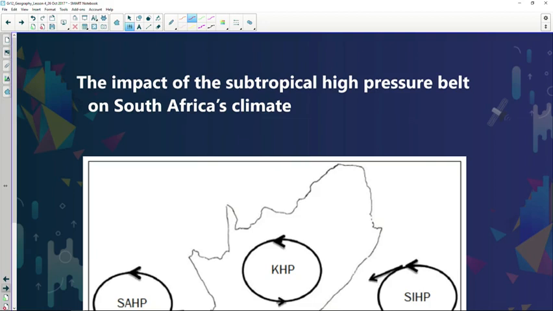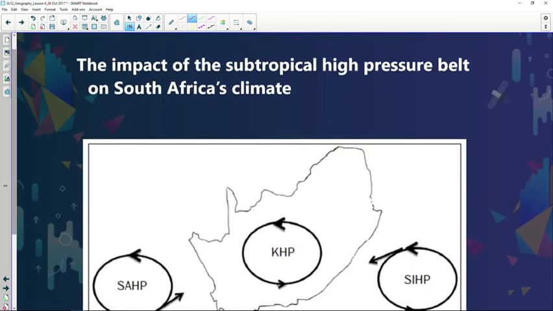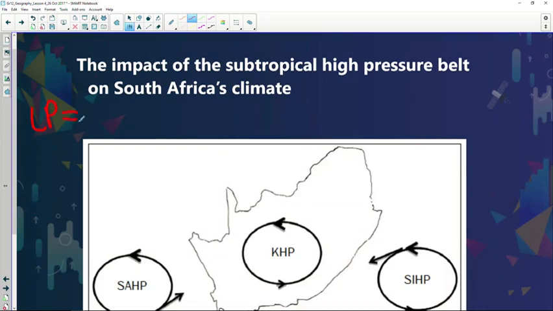Now, in our previous lessons, we discussed cyclones. We looked at the mid-latitude cyclone and we looked at the tropical cyclone. And what we've established is the term cyclone is a low-pressure system. What do we know about low-pressure systems? It's rising air. And so we can say low-pressure systems equals cyclones.